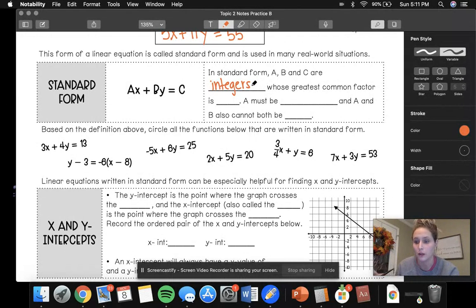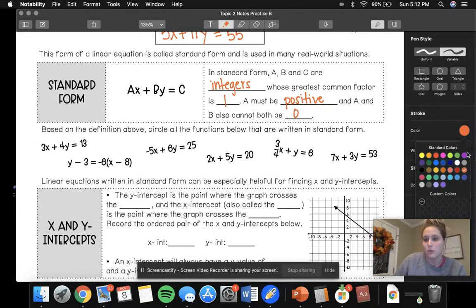They are just whole values, positives or negatives, whose greatest common factor is 1. It just needs to be simplified. It's not big factors. A must be a positive number, and a and b also cannot be the value of 0.